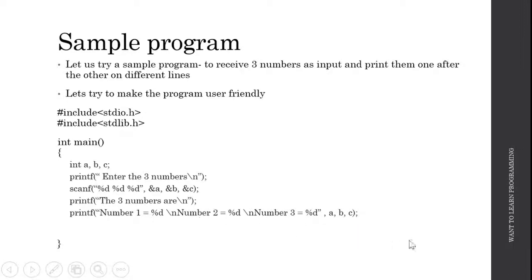So in number 1, the %d will be replaced by the value of a. In number 2, the %d will be replaced by the value of b, and the third %d will be replaced by the value of c. So these are again printed on different lines.